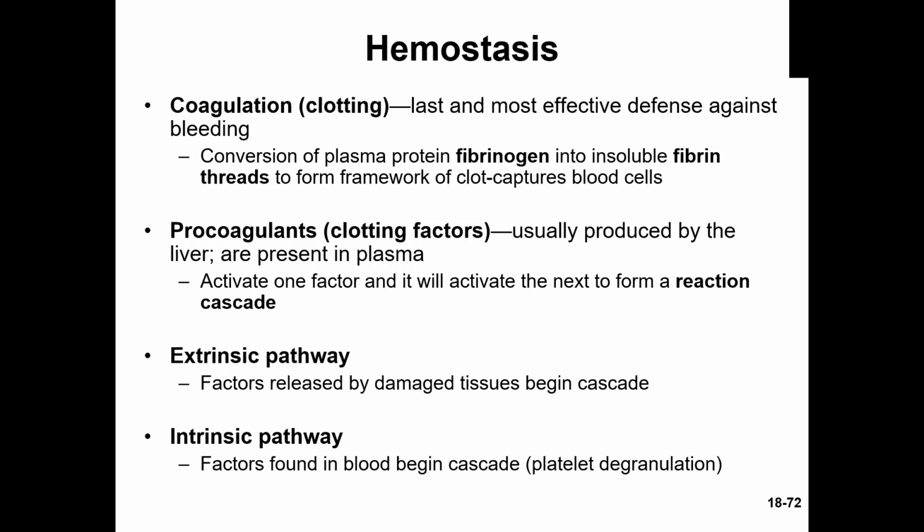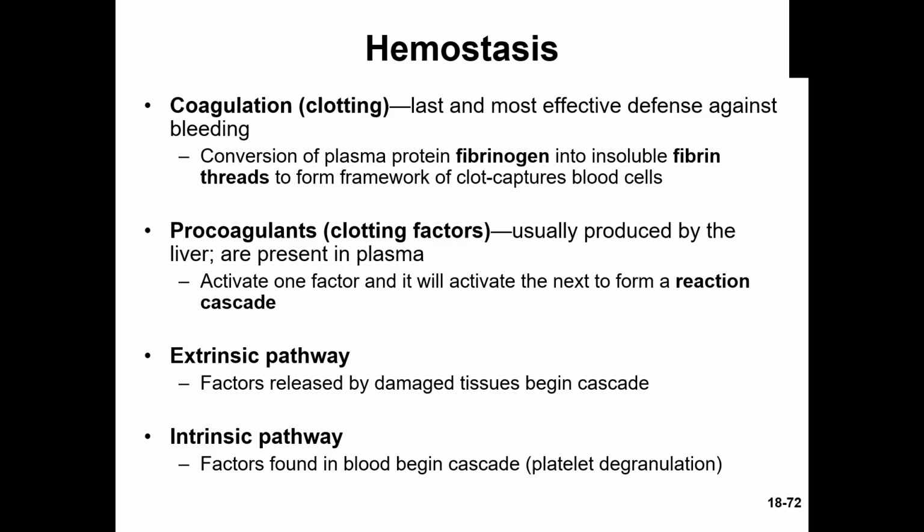Within this process, there are two pathways of how this happens. There's one called an extrinsic pathway. This is the pathway of coagulation that stems from the release of damaged tissue. So the chemicals encapsulated within the tissue, when it becomes damaged, get released and will start coagulation via this extrinsic pathway.